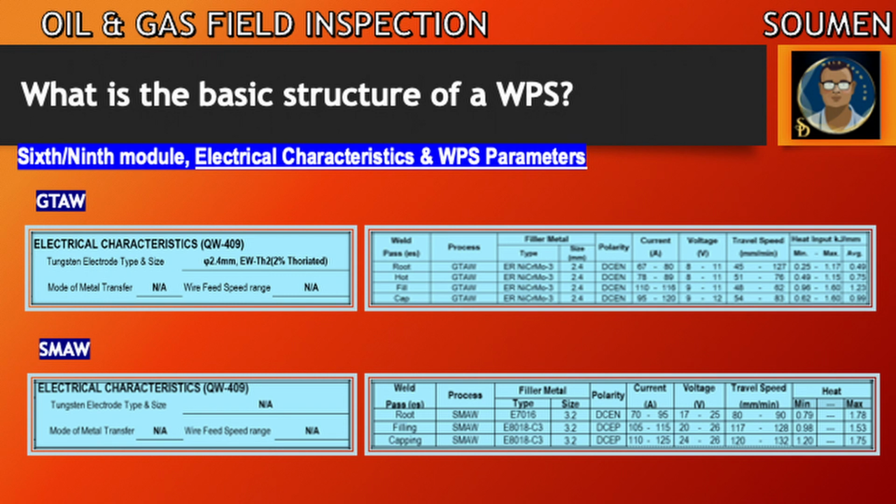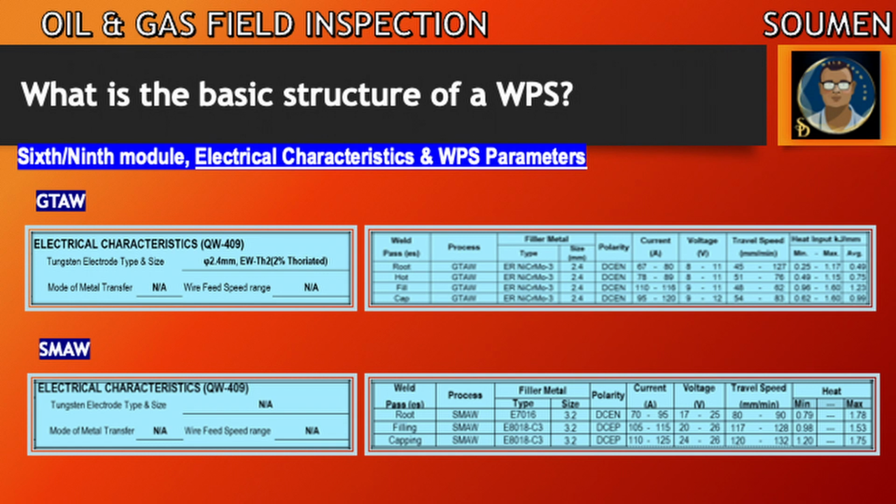From the achieved data of the PQR, the welding engineer again rectifies his WPS with a little bit of flexibility provided in the current and voltage range in the company and international standard. Then he has to submit it, attaching the PQR, for approval.